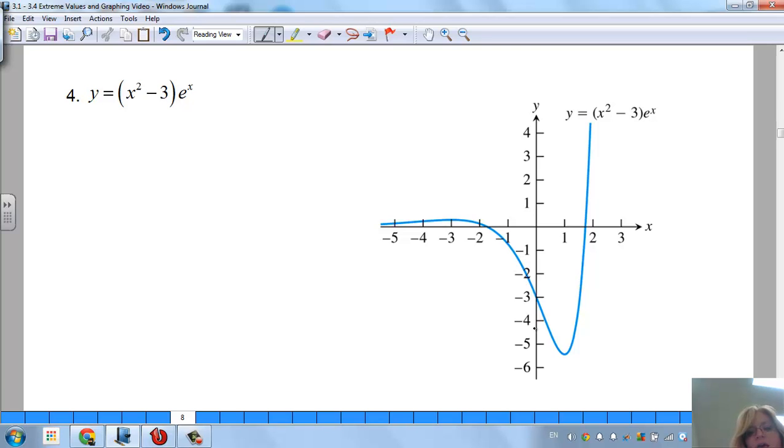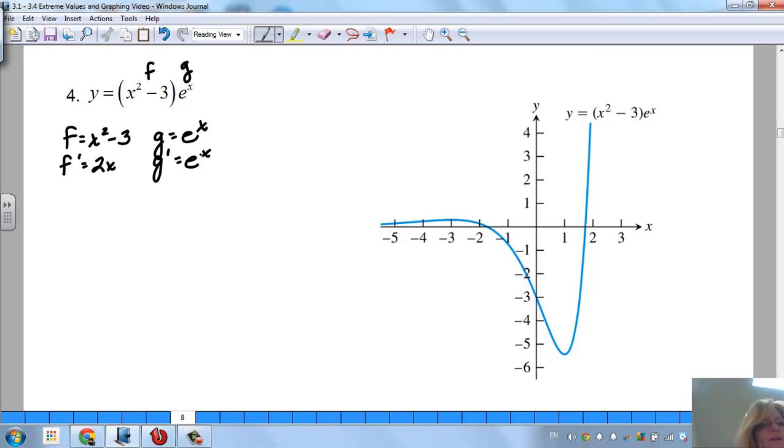Okay. The first thing we've got to do is find the first derivative. But this is a product, so we have to do the product rule. So f is x squared minus 3, f prime is 2x, g is e to the x, and the derivative of e to the x is itself, e to the x.